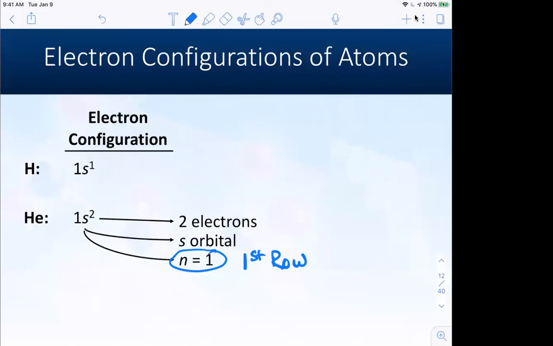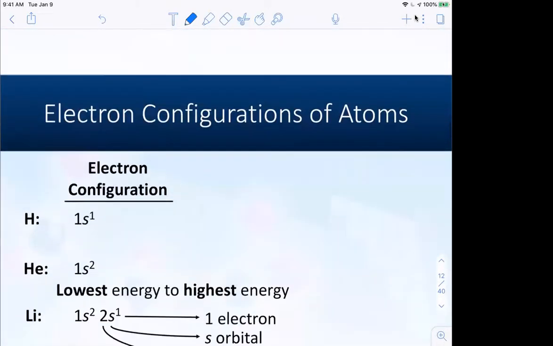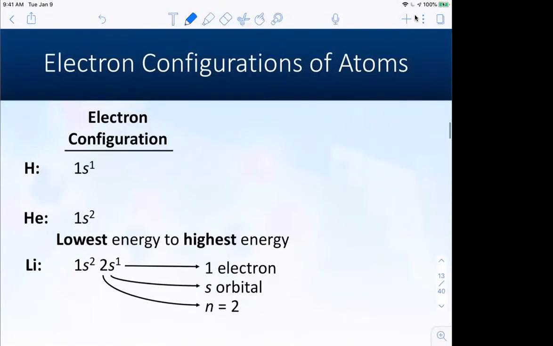I have 1s2. At this point, my first energy level is full because in the first energy level, I only have that s subshell available. So if I look on a periodic table, what I'm going to do now is drop down to row 2, which is where I start off with lithium. Lithium is atomic number 3. This is where I start. It has 3 electrons. The first 2 electrons go in the 1s2, right?